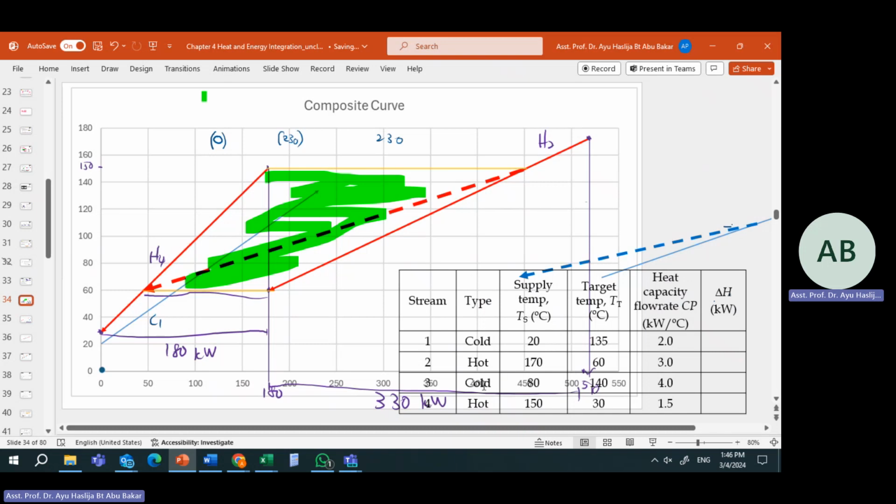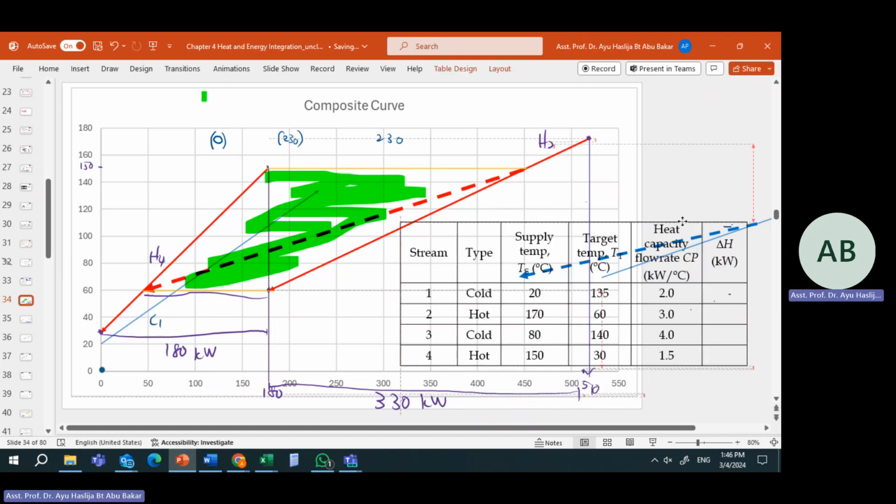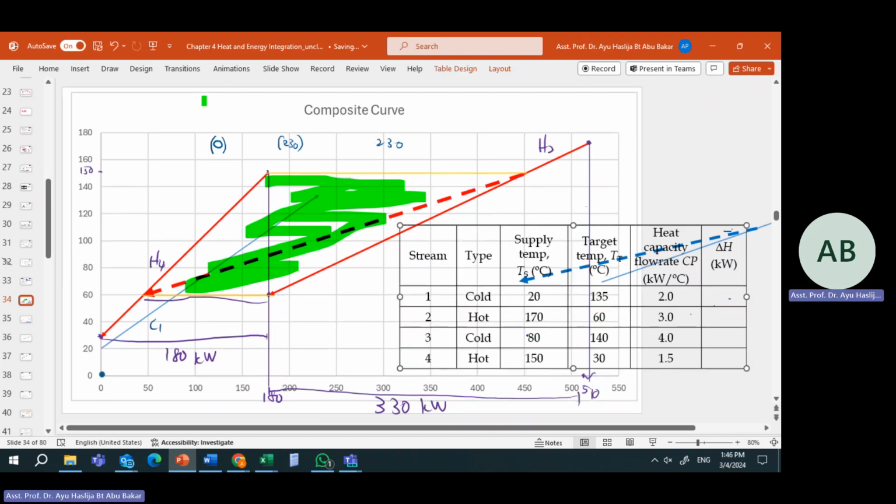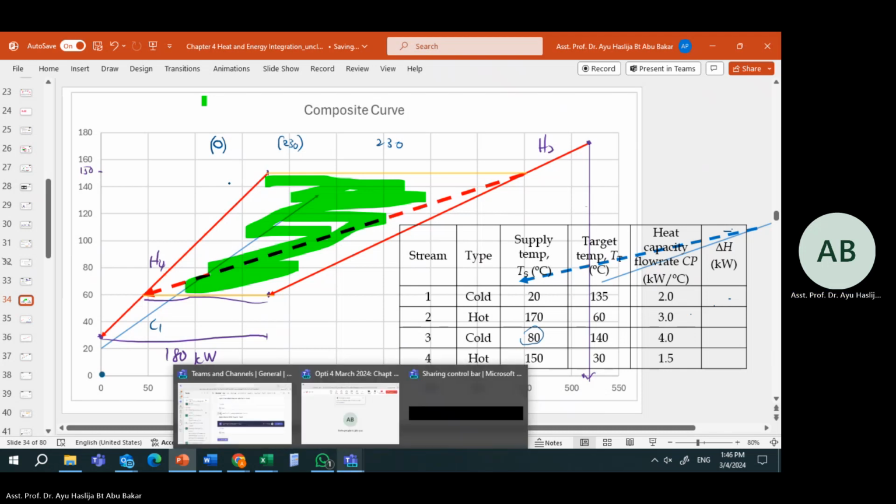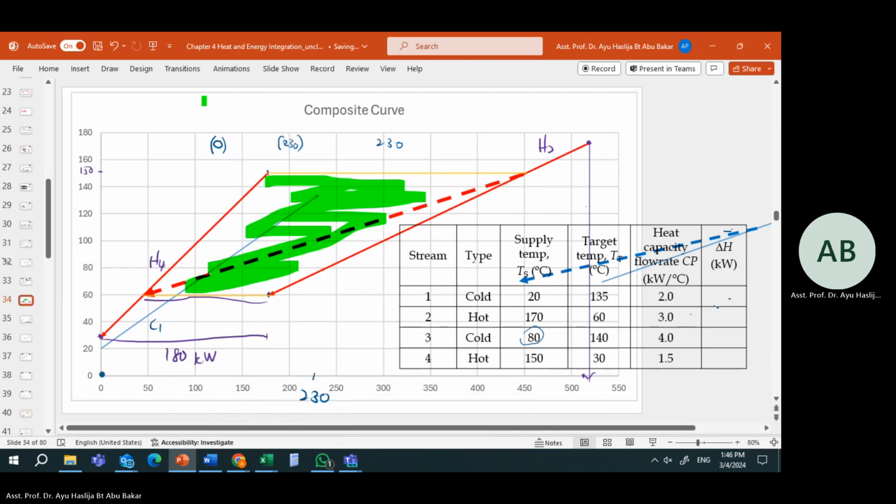Next, for stream 3, from 80 to 140. Now, this 80, what is the x-axis? From 230, add in, sorry, here is 240.